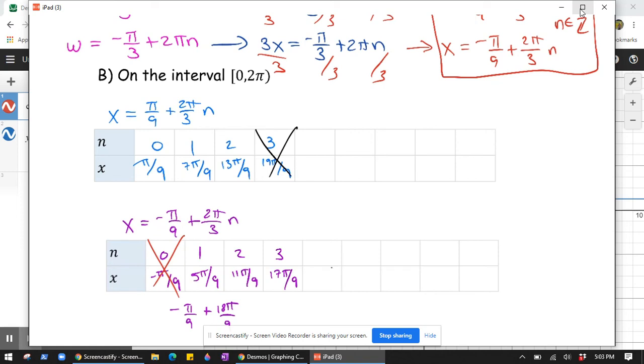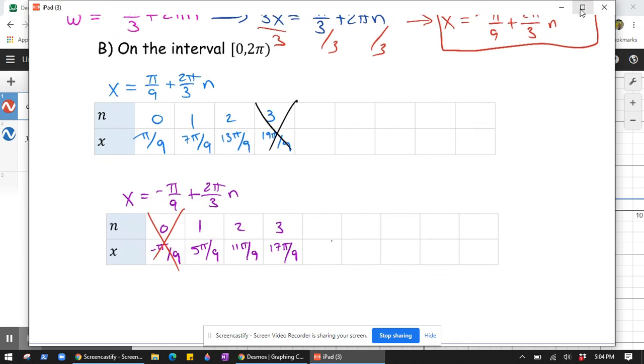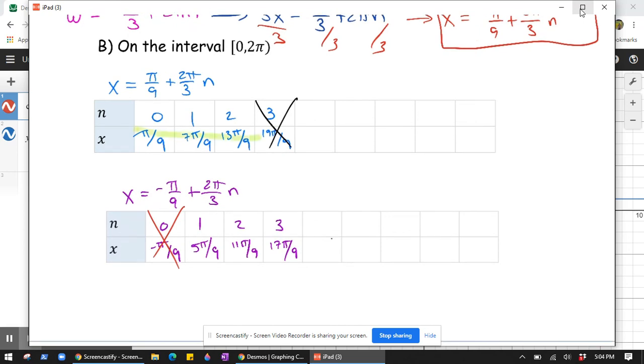Now you can plug in 4, but 17 pi over 9 is just 1 pi over 9 shy of 2 pi, so plugging in 4 would exceed our interval. So these are our answers. I'll highlight them in yellow. Those are 3 there, and those are 3 there.